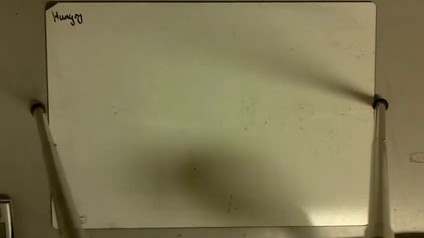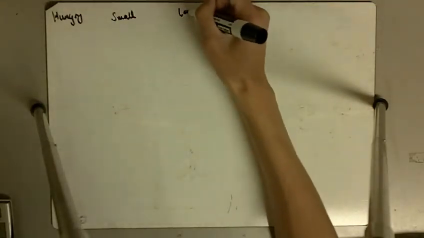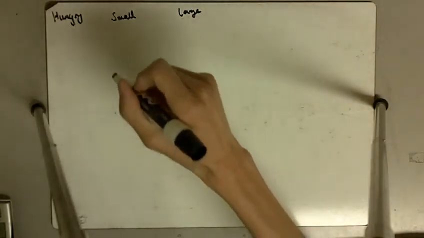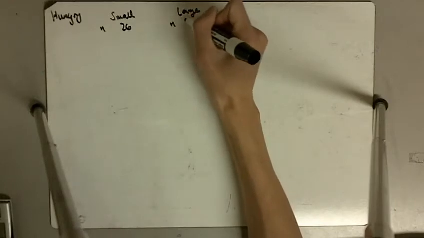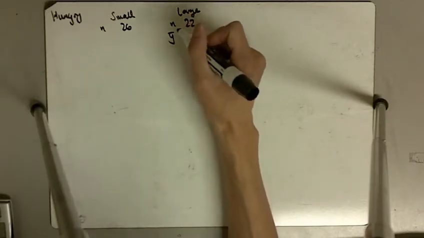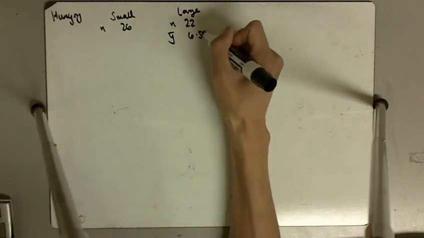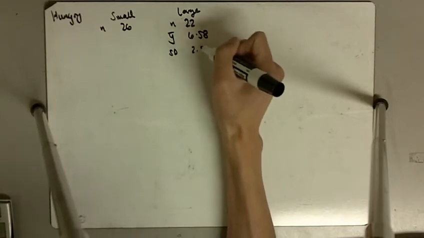Here are the summaries. With the small bowl and then the large bowl, we had 26 people in the small group, 22 in the large bowl group, I should say. The mean was 6.58 ounces of ice cream with a standard deviation of 2.91.